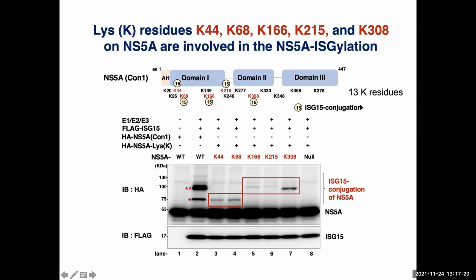In the beginning, we made a mutant which doesn't have any lysine residues, and we put each lysine residue back, at lysine 44 and each site, and we made a series of NS5A mutants. We found that lysine 44, 68, 166, 215, and 308 can accept ISGylation.